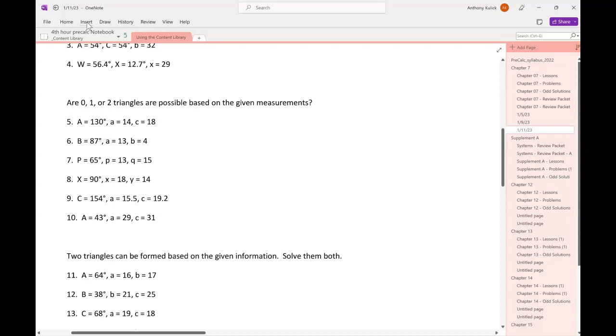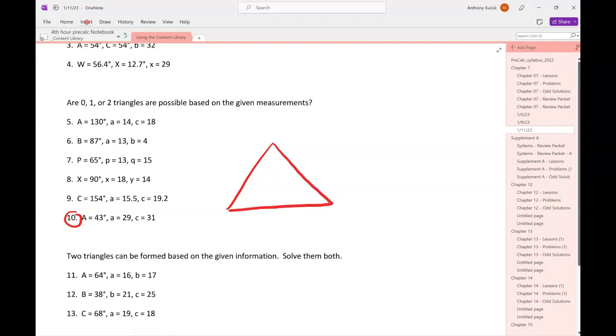Okay, so it asks 0, 1, or 2 triangles. So I'm going to just start by drawing my picture. So I recognize, is this side angle side or side side angle?